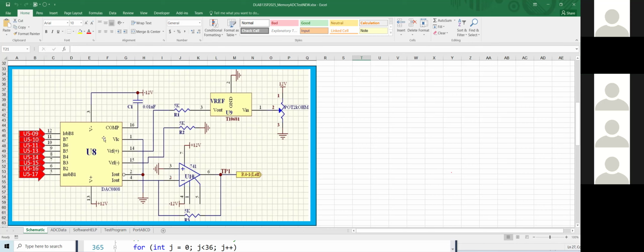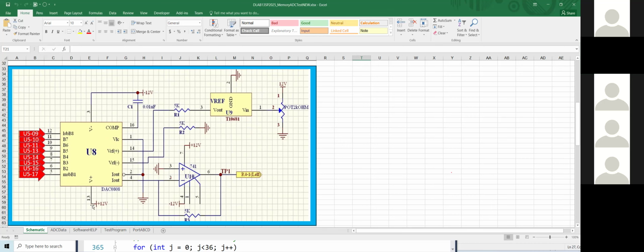Like if I take U5 pin 3, I'm supposed to get minus 12 volts. And also, they can go through the capacitor to this pin. I take pin 1, ground. I take pin 2, ground.